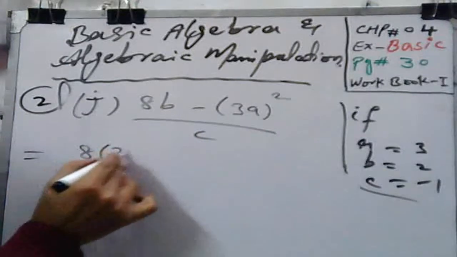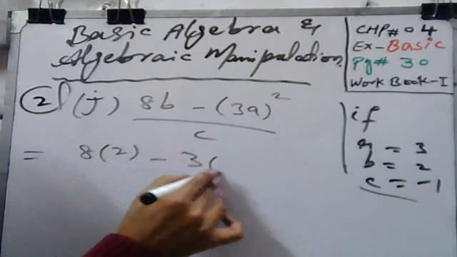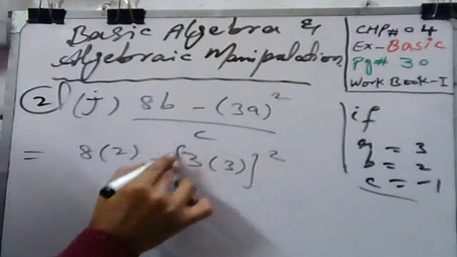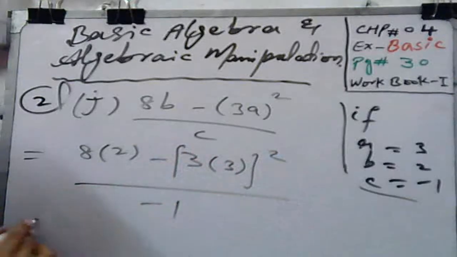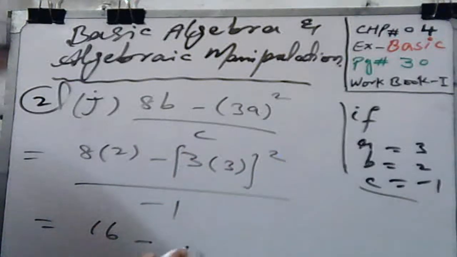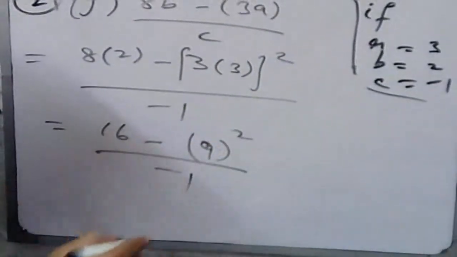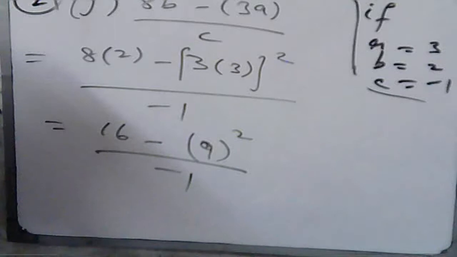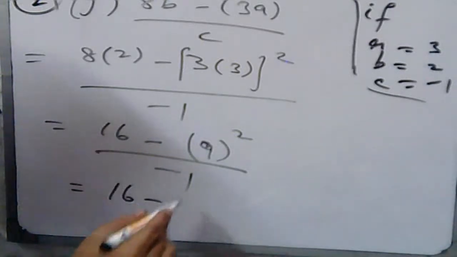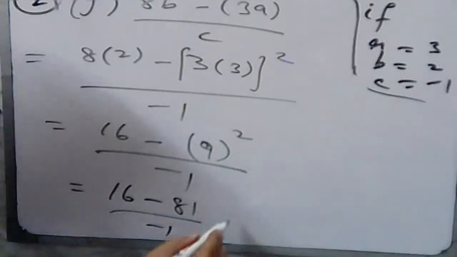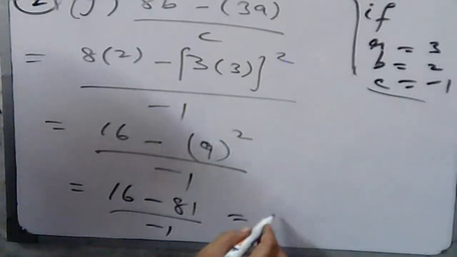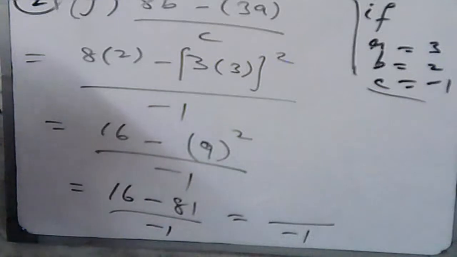And that is 3 is a 9, 9 having square -1. Now after removing the square, you will get 16 minus 9 9s are 81 -1. So greater value sign should be used here. 81 minus 16, that is 16 minus 81, you will get minus 65. Minus will be cancelled, so 65 is your required result.